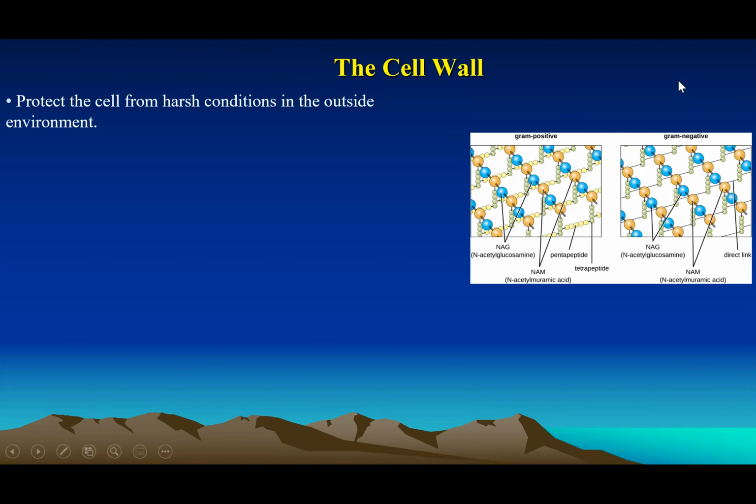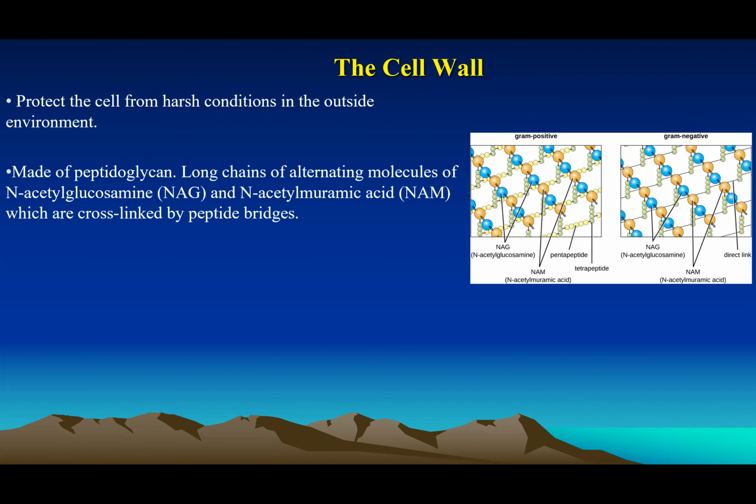The cell wall is very important for the bacteria because it's highly protective in function. It protects the bacteria from the harsh conditions of the outside environment. It is made up of a chemical called peptidoglycan, which is a long chain of alternating molecules of N-acetylglucosamine and N-acetylmuramic acid, NAG and NAM. And they are cross-linked with a lot of peptide bridges.